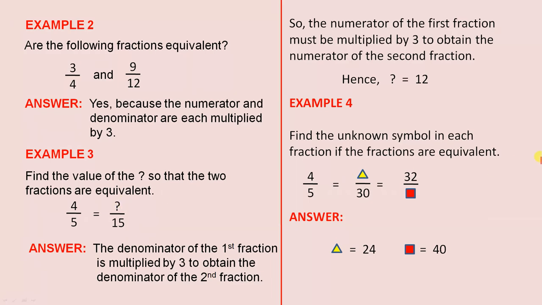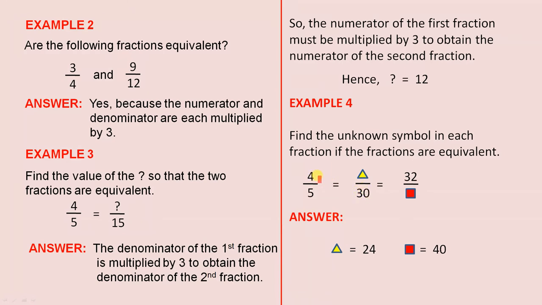Example 4. Find the unknown symbol in each fraction if the fractions are equivalent. We have 4 over 5 equals the triangle over 30, which equals 32 over the square. Now let's have a look. The 5, we end up with 30. 6 5s are 30, so we multiply that 5 by 6 to end up with 30.